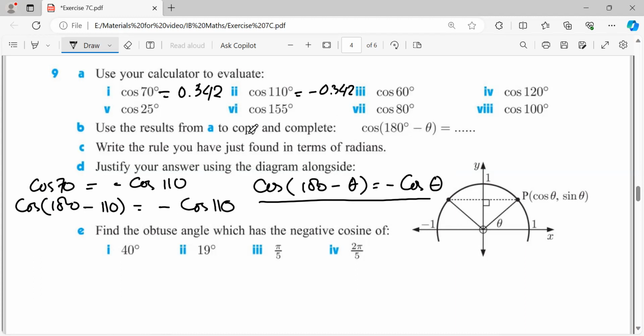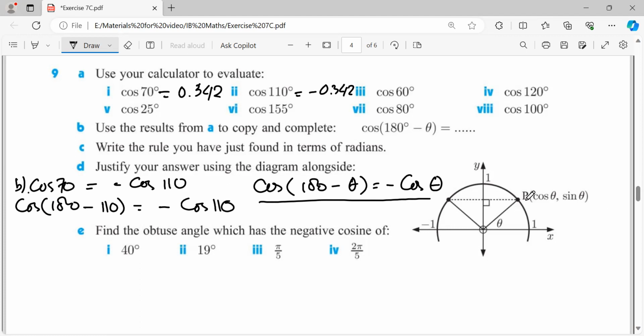Use the result from already this one, B. See, write the rule you have just found in terms of radians.